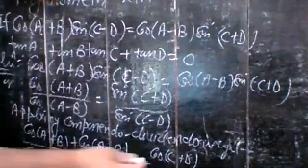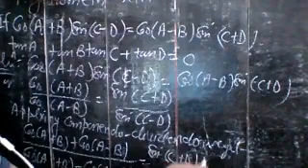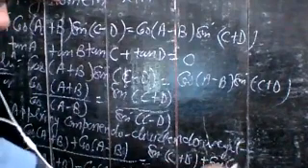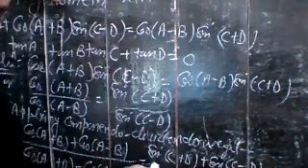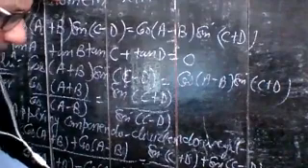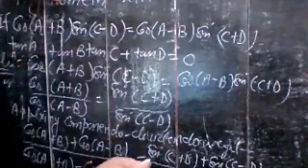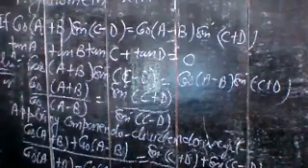So on this side you have sin(C+D) plus sin(C−D) divided by sin(C+D) minus sin(C−D). In this way, you have the result.